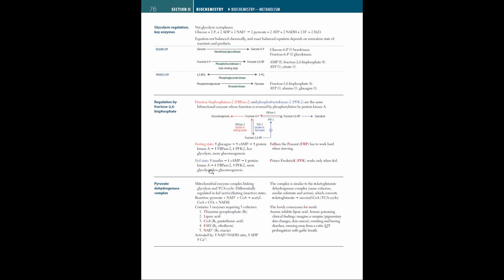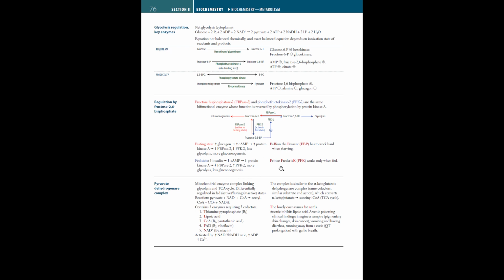Whereas in the fed state, there's an increased level of insulin, leading to decreased cAMP, leading to decreased protein kinase A, leading to a decrease of FBPase2 and an increase of PFK2. So there's more glycolysis and less gluconeogenesis.